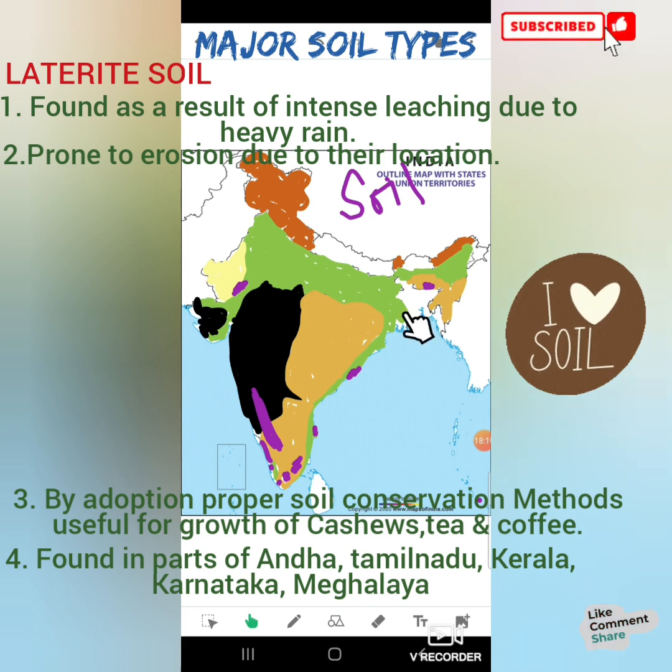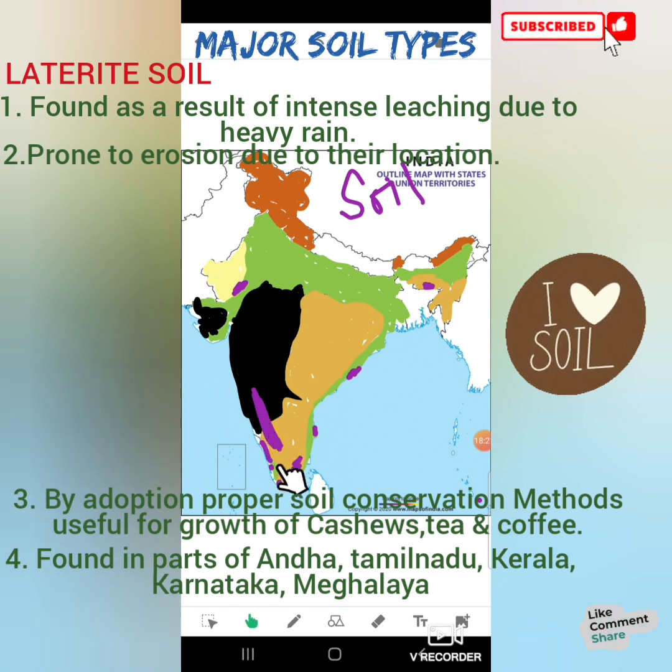Heavy rain region, you see this Meghalaya region, heavy rain, of course Mawsynram, Cherrapunji is there. This part is the part of Western Ghats which faces the Arabian Sea branch, and it also gets heavy rain. So these soils are prone to erosion due to their location.